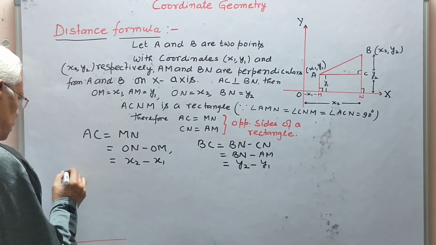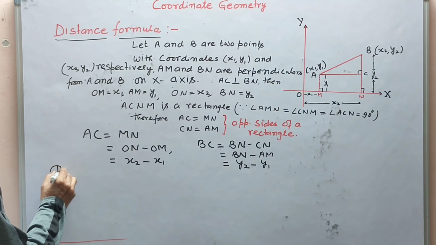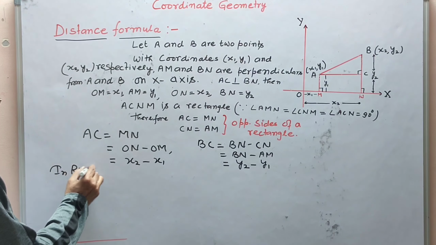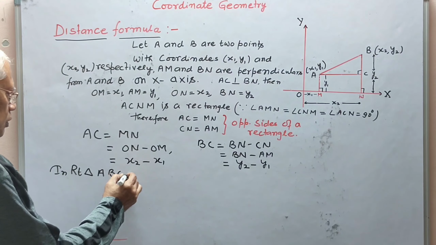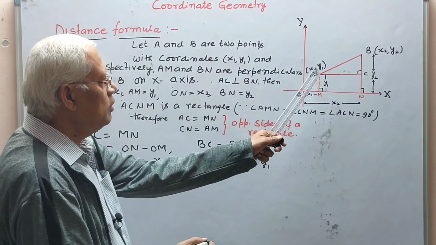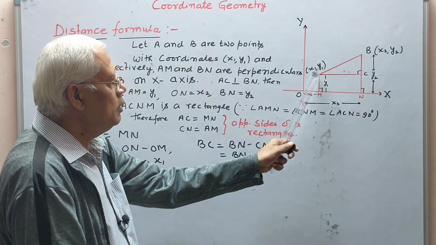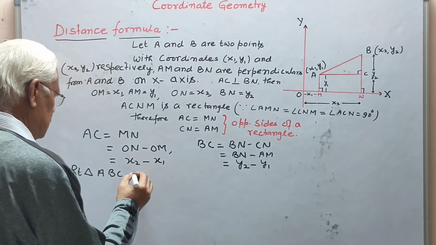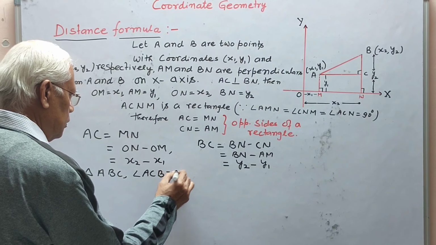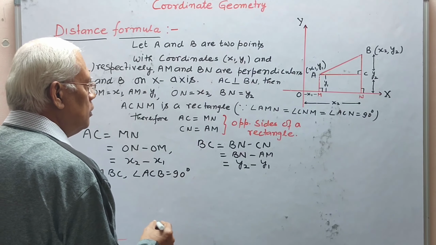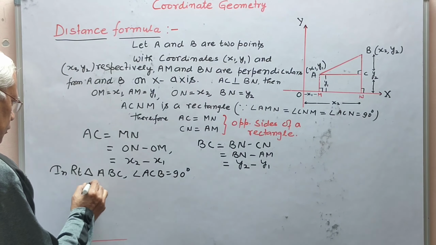Now, in right triangle ABC, angle ACB equals 90 degrees. So, we can apply the Pythagoras theorem.